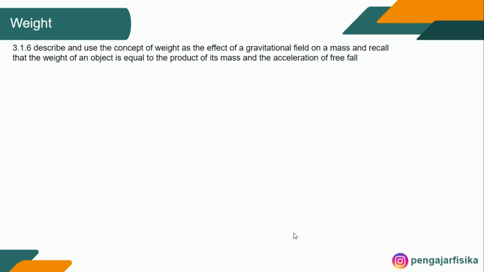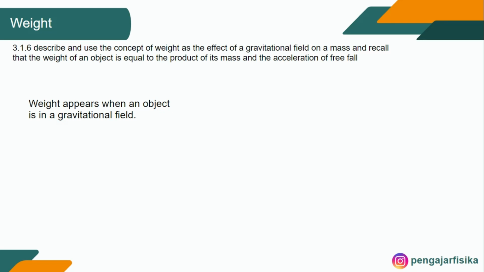Our sixth learning objective is to describe and use the concept of weight as the effect of a gravitational field on a mass and recall that the weight of an object is equal to the product of its mass and the acceleration of free fall. Finally, let's talk about weight. Weight is the force of gravity acting on an object's mass.